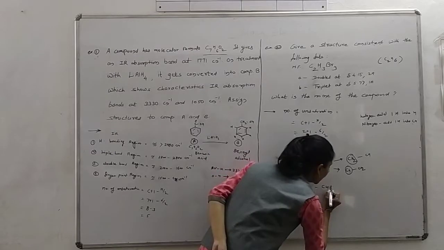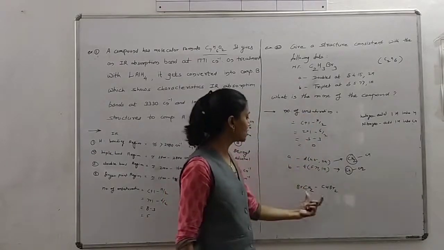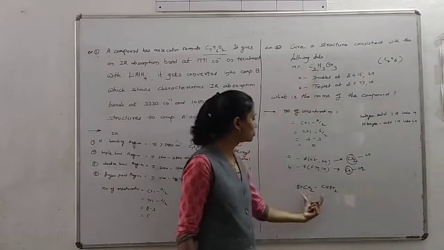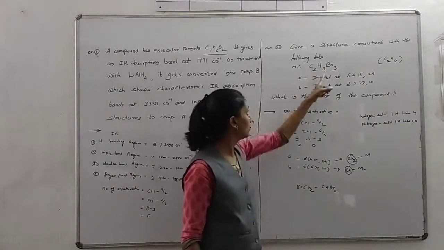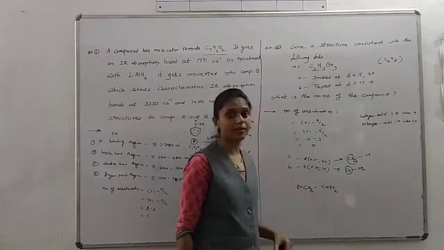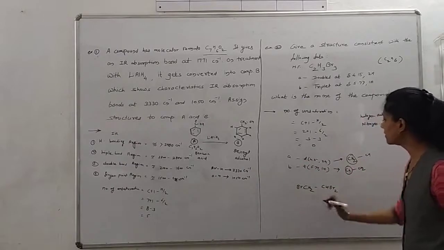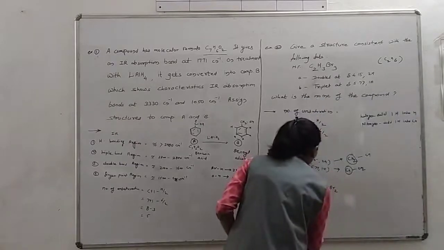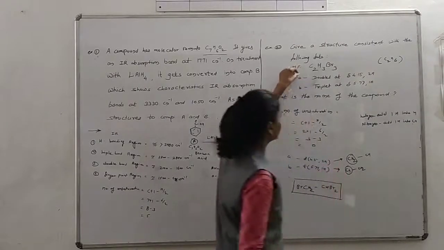So I have right here 2 bromine groups. All the criteria are satisfied: 2 carbon atoms, 3 protons, 3 bromine atoms. This is our structure. Now we check this structure.